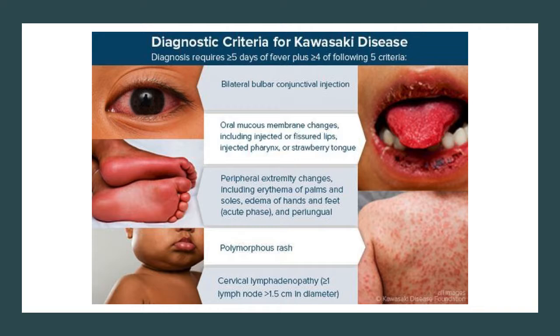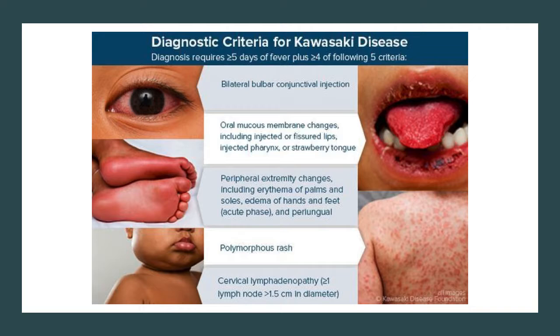So the diagnostic criteria for Kawasaki's requires more than 5 days of fever plus 4 or more of the following criteria: bilateral bulbar conjunctival injection. So in other words, you can see that the eye is red. The conjunctiva is red on it.